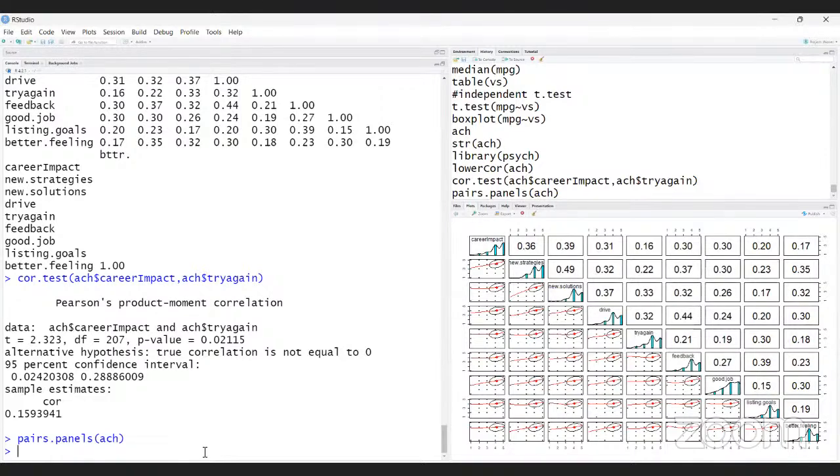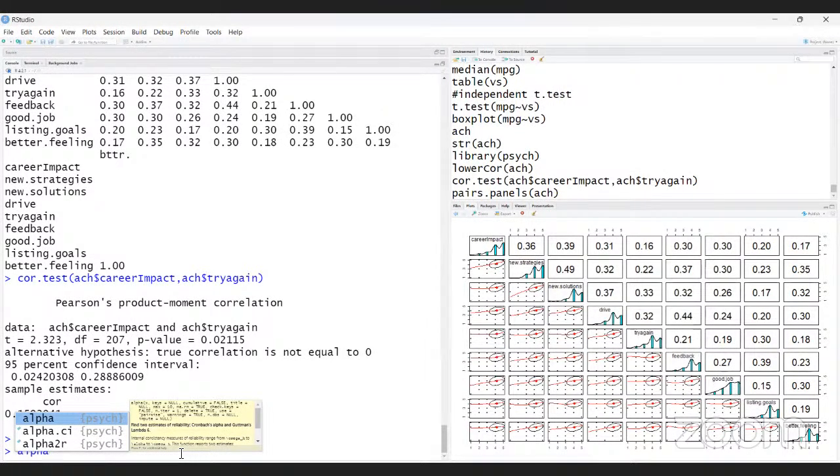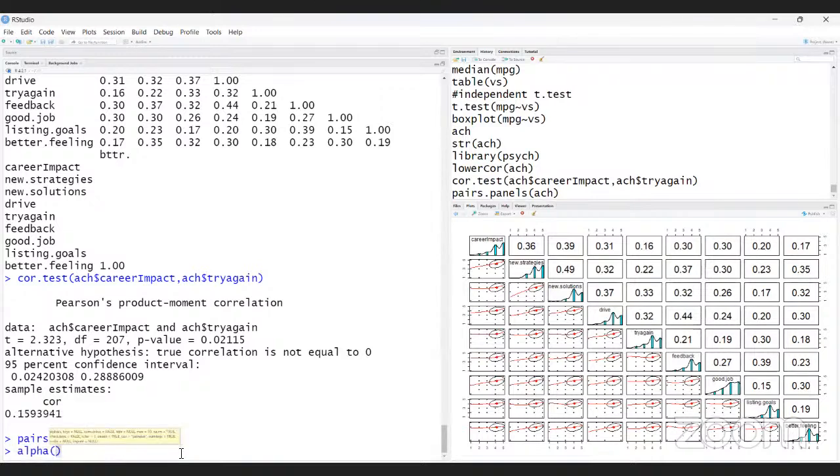Since the inter-item correlation is high, we can assume that the internal consistency will be high. Yes, high. Therefore, we can write alpha, bracket, ACH.